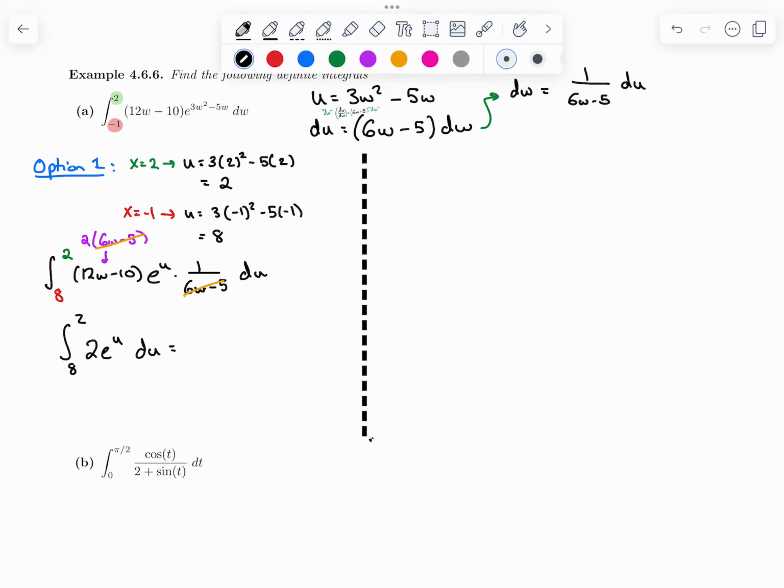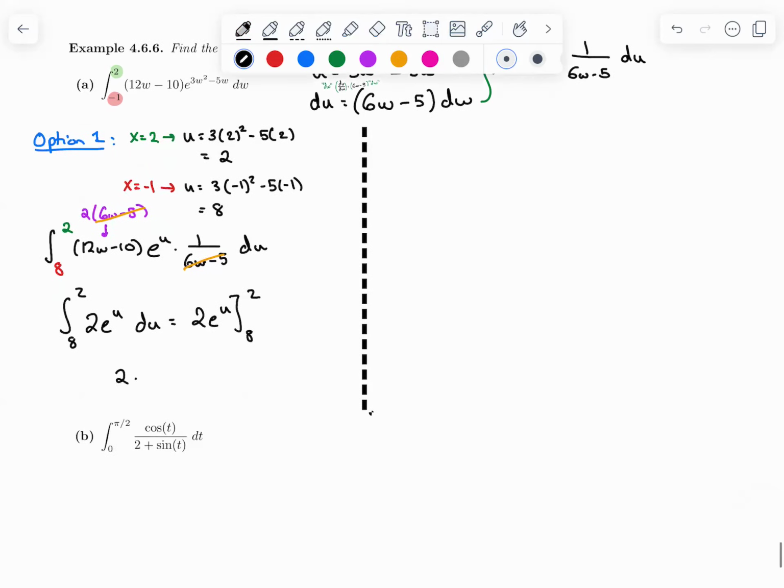The antiderivative of e to the u is itself. And remember, these are u bounds, so we don't need to do anything else. This is 2e to the u evaluated from 8 to 2, which would be 2e to the second power minus 2e to the 8th power. And that is where we'll leave it.